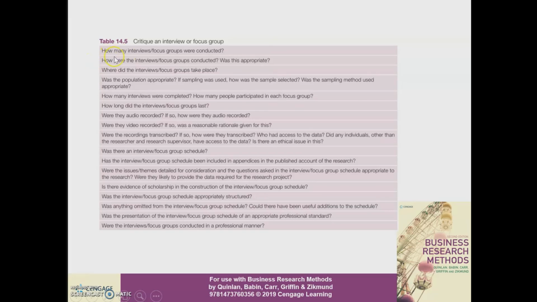For example, how many interviews or focus groups were conducted? How were the interviews or focus groups conducted? Was this appropriate? Where did the interview or focus group take place? As you can see, these are the questions that can help you decide what to write in the sections of Chapter 3, your research methodology chapter. So that's all for this chapter.